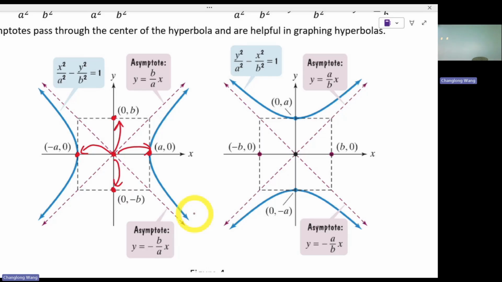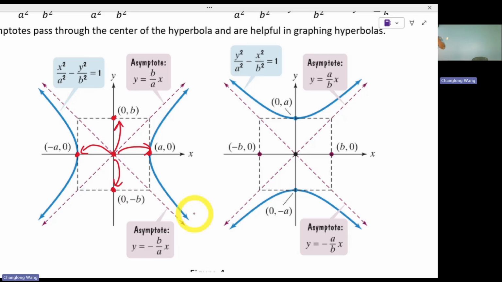The same thing here for a vertical hyperbola. Go find a and b. But it's opening vertically, so that means you're going to go up and down by a units to find those two vertices, and go left and right to find those two so-called vertices, and draw lines to form a rectangle. Then quickly draw two diagonals to get the asymptotes.